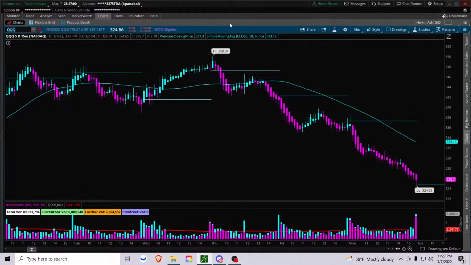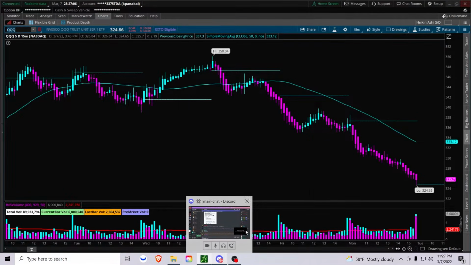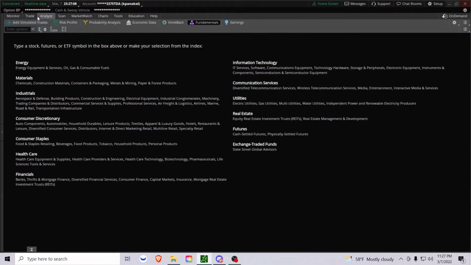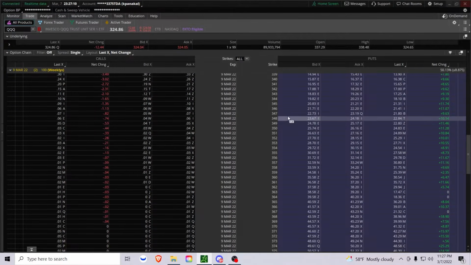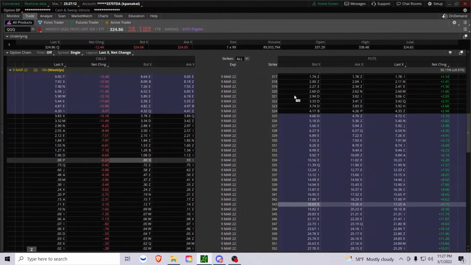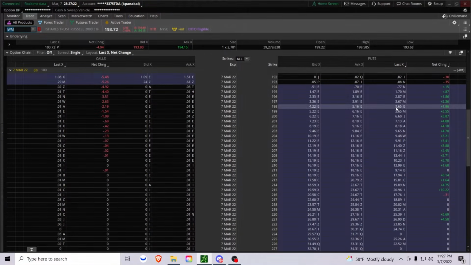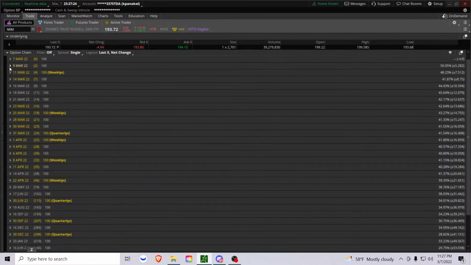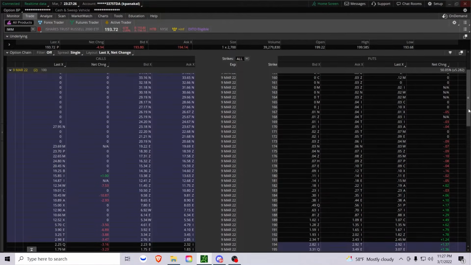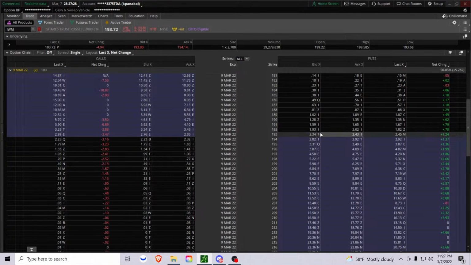I don't think I've traded QQQ in a few months. I should definitely go back to it because why not? The reason why I like IWM more than QQQ is because the options on QQQ are similar to SPY, or just a little bit more expensive. But if you check the IWM chain, as I said multiple times, if you have a small account, it's one of the better stocks to trade options on.